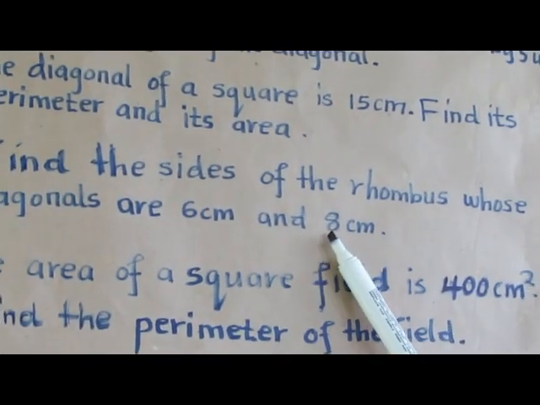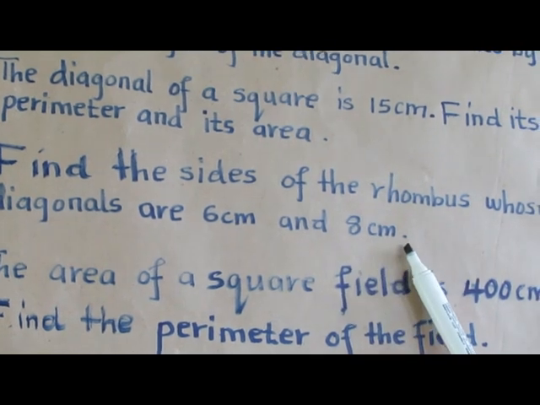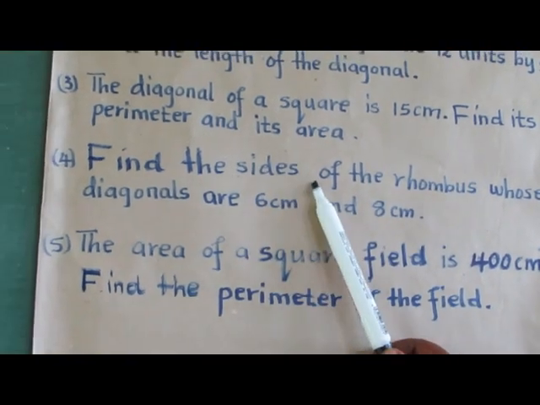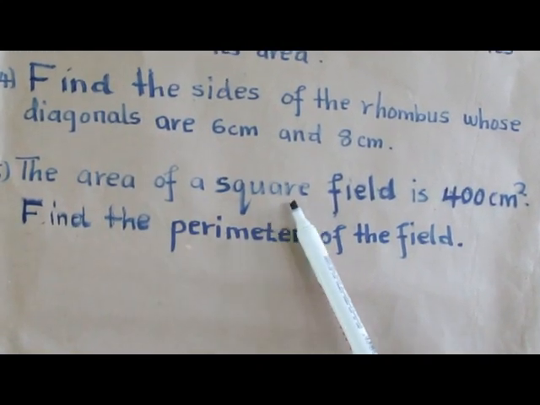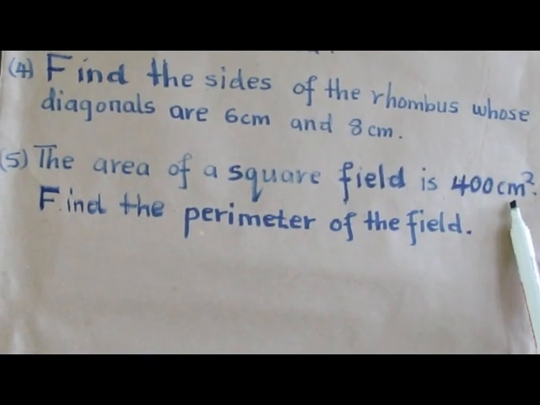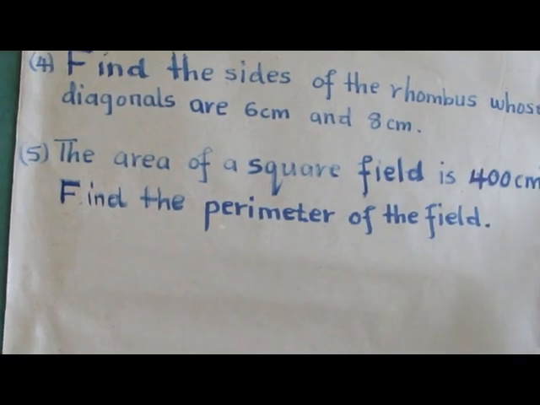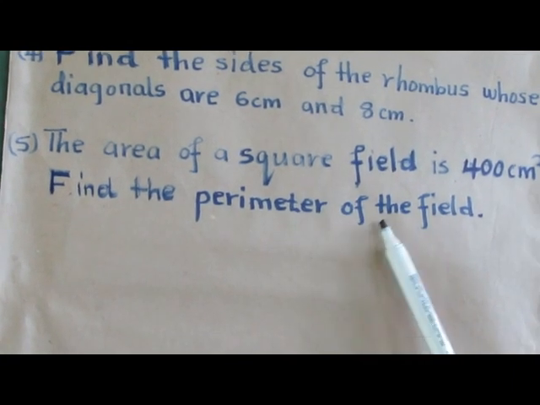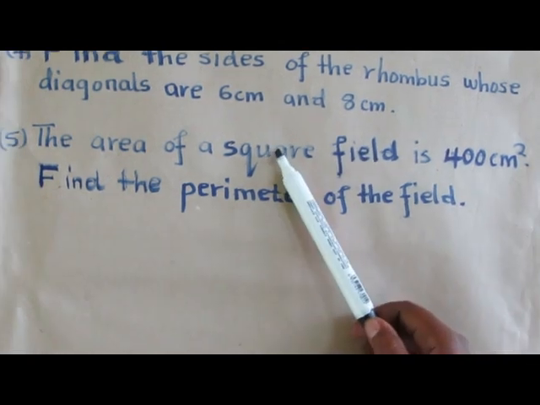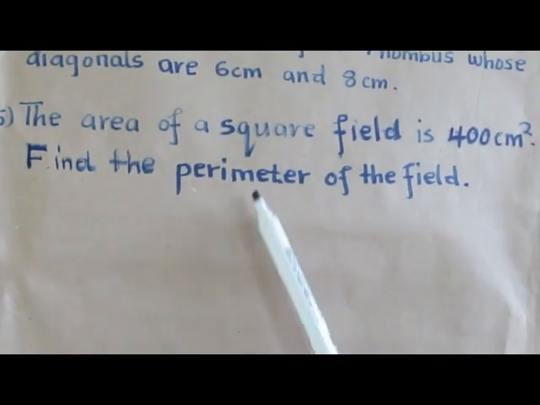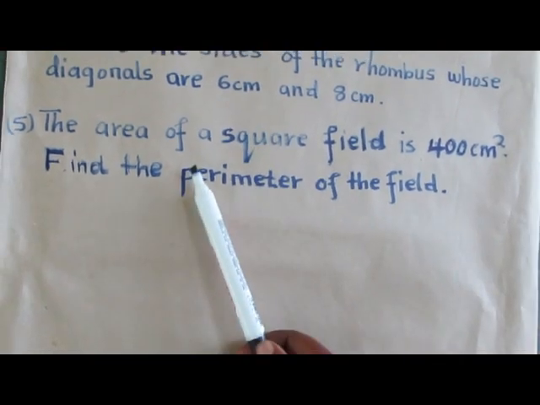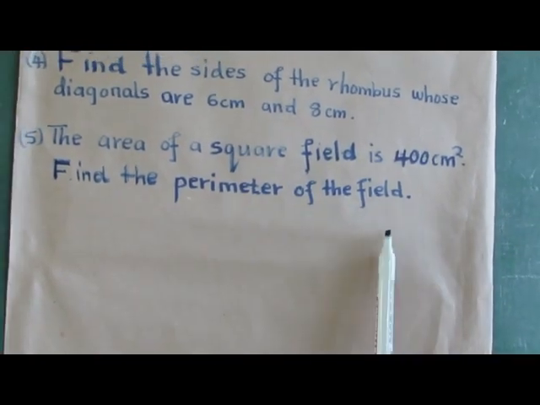Another rhombus, its diagonal is 8 centimeters. So you find its sides. Question number 5. The area of a square field is 400 centimeters squared. Find the perimeter of the field. This is a square, its area is given. So find the size of this square. Thereafter, you find the perimeter of the field.